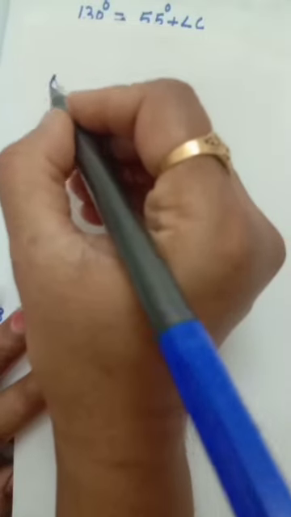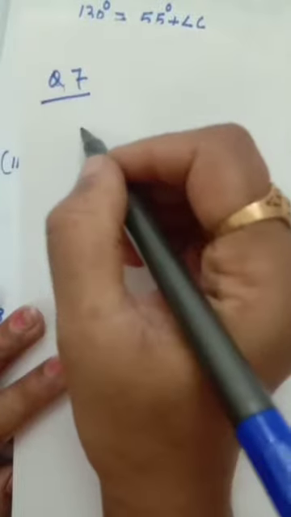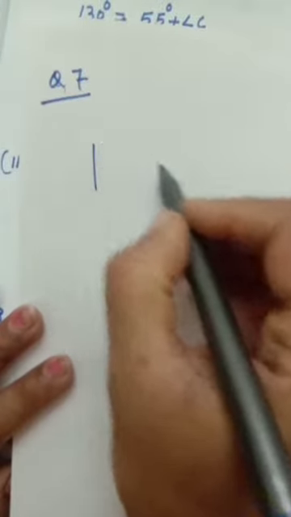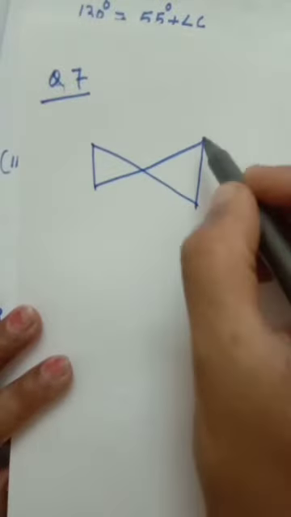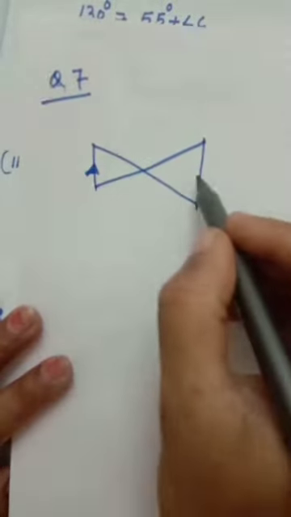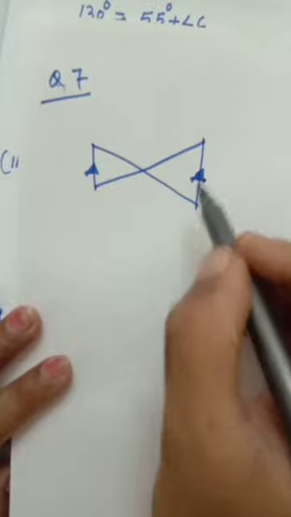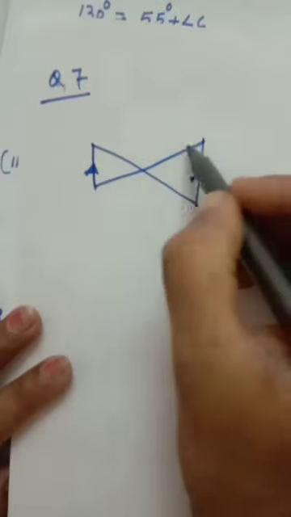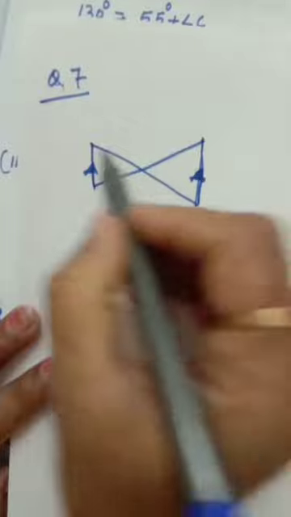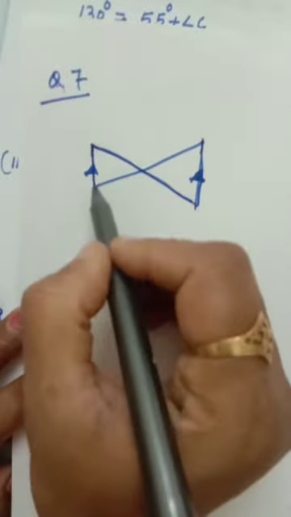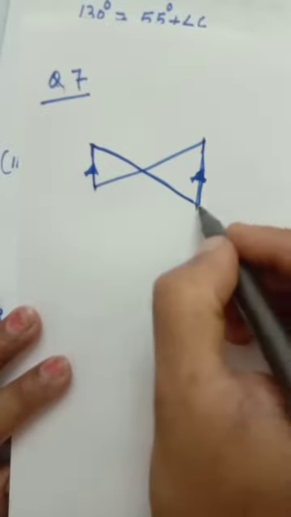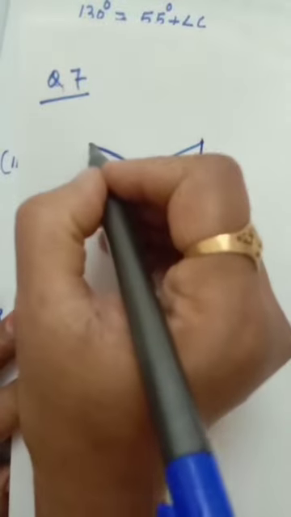Number 7. Given these two lines are parallel. Introduction part I told you. These two parallel lines cutting with a transversal, meaning one line. This is a transversal because these two parallel lines cut with this. Cutting meaning like that moving.